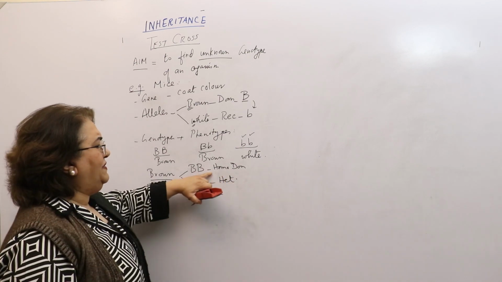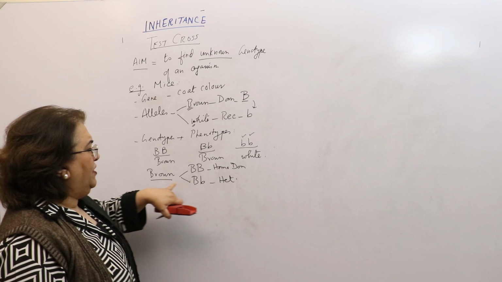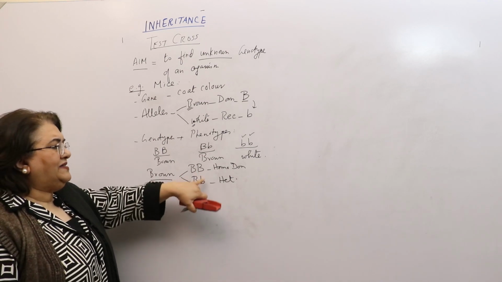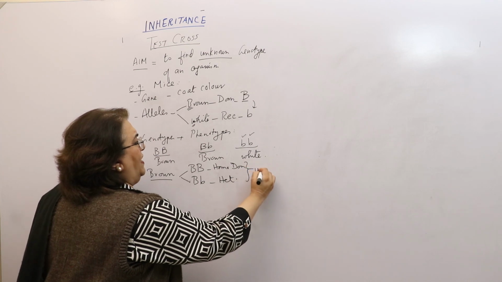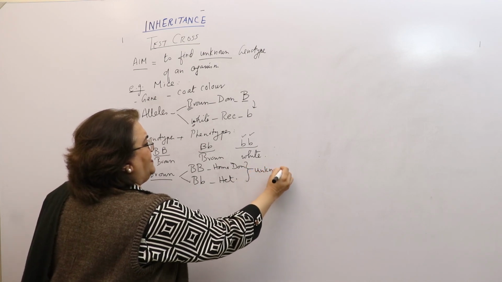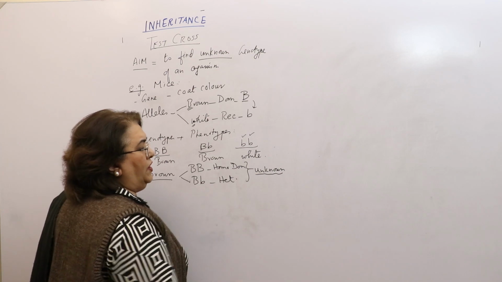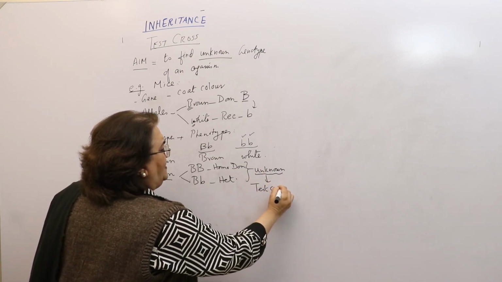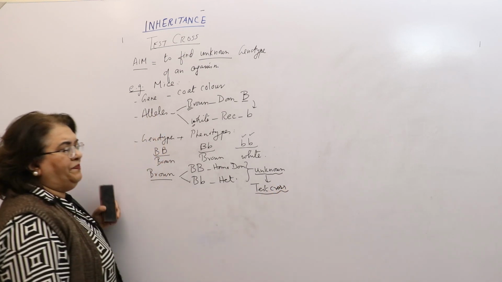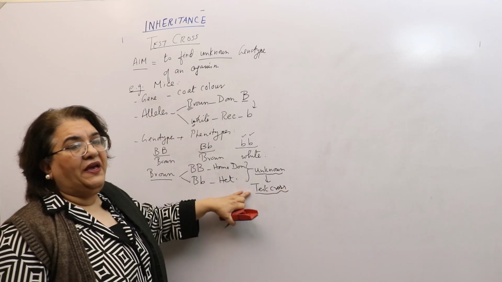We can see the phenotype, but we can't analyze the hidden genes inside, and this is unknown. So how do I find it out? I'm going to do a process known as a test cross. All right, so that is the basic background of this question.